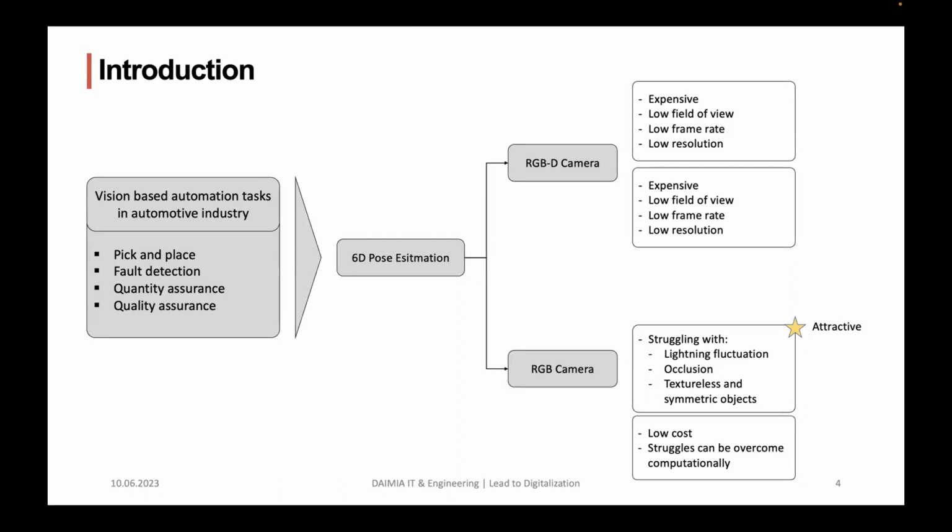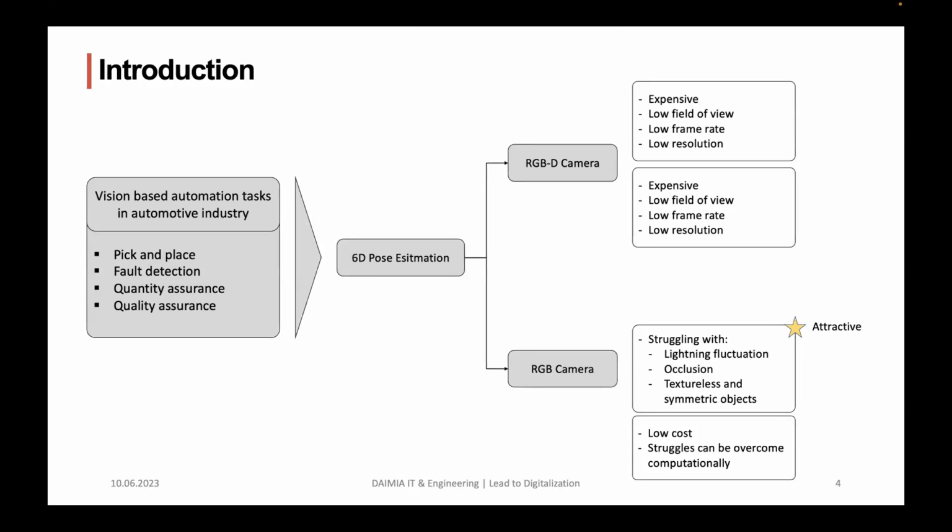On the other hand, we have RGB cameras. They have other problems. When we do 6D pose estimation with RGB images, we are fighting lighting fluctuations, occlusions, and especially textureless and symmetric objects, which are very hard to detect with RGB cameras.